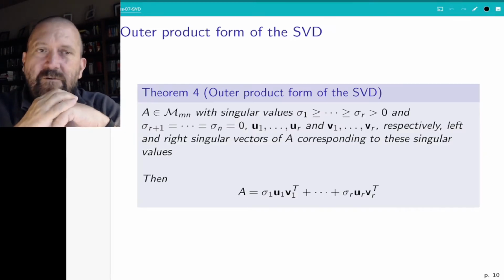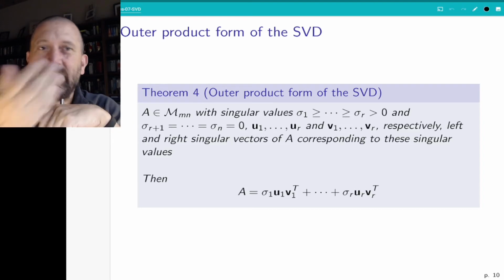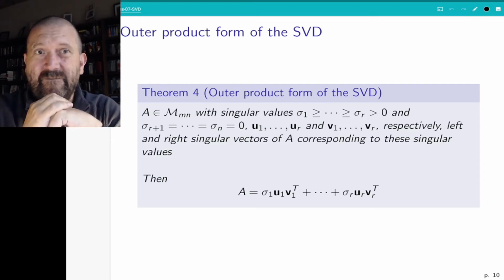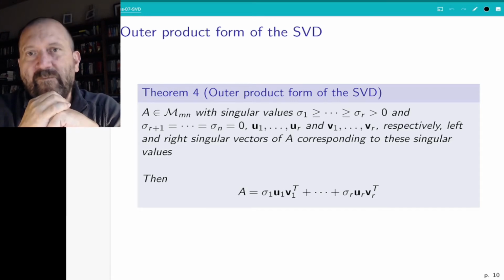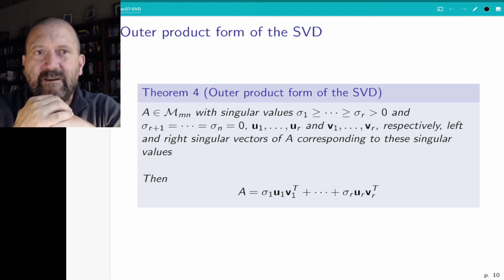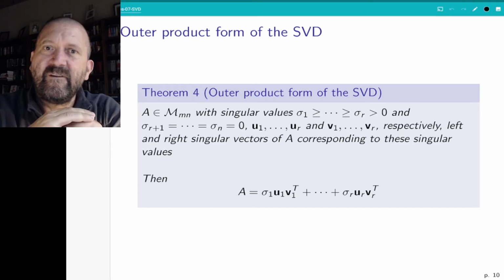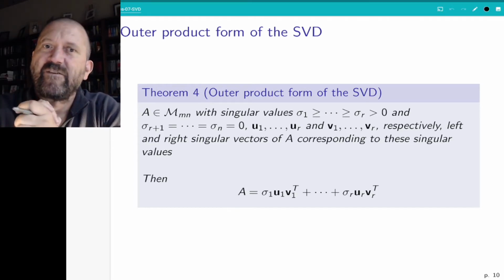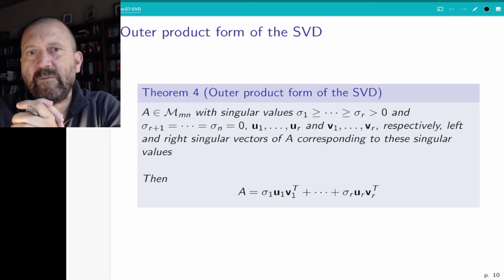Now, there's another form that is going to be very useful for us in one application that I'll show you very soon, and it's the outer product form of the SVD. I'm not going to explain why we call it the outer product. It has to do with some geometric considerations, but this is the way it's called. So the outer product form states the following.